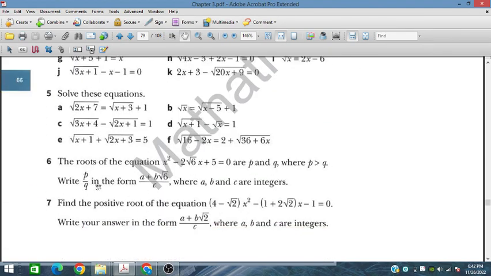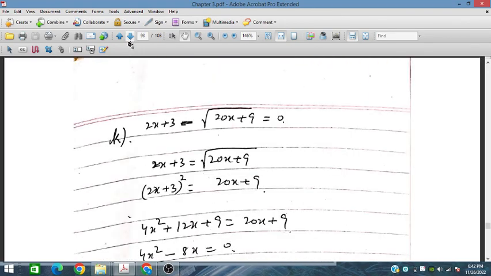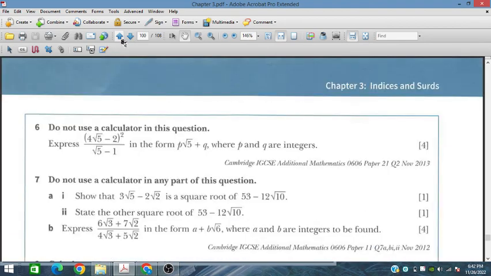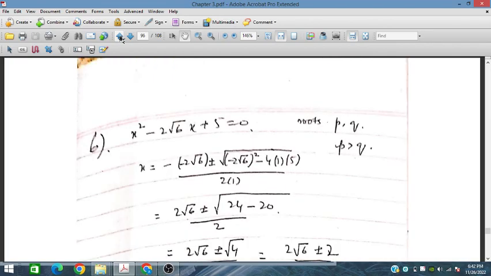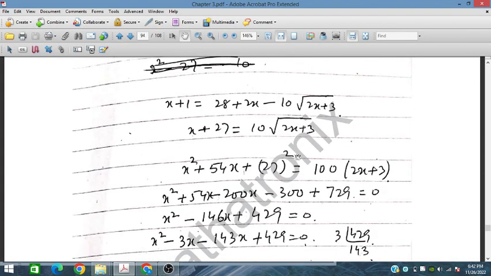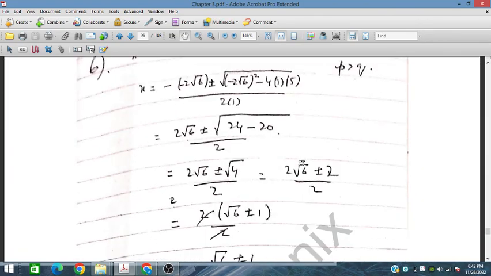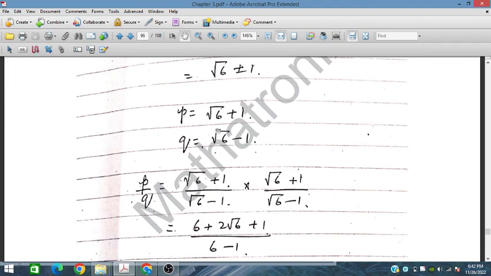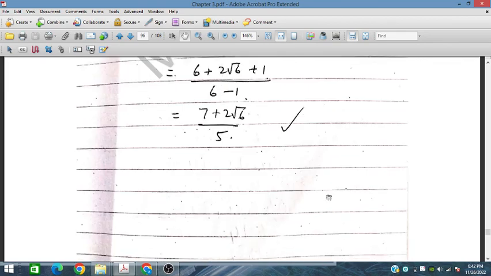So we have to obtain and write this p upon q in this form. So this p and q is obtained. So p upon q is written down in this form.